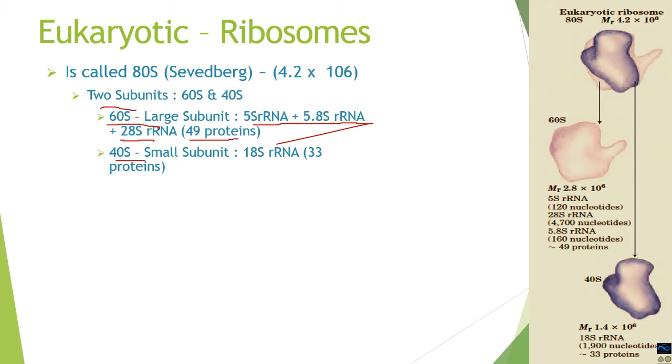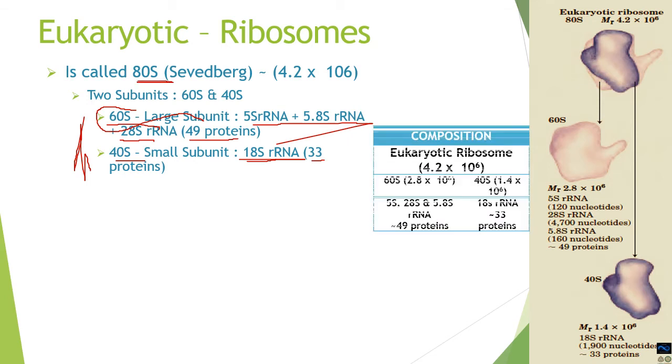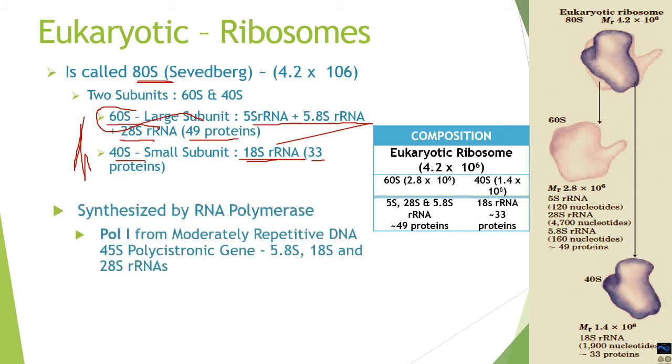The 40S small subunit is made up of only one type of rRNA, 18S, associated with 33 different kinds of proteins. Together, both make the assembly called 80S eukaryotic ribosomes. You can see the comparison of the composition of eukaryotic ribosomes in the associated table as well.